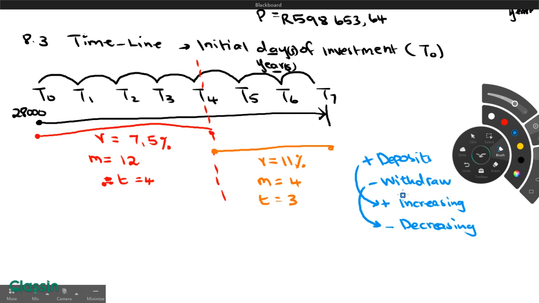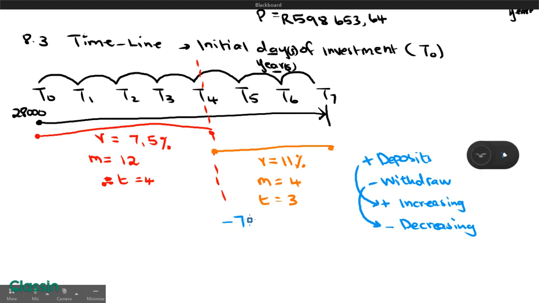And once we say it is a withdrawal, it means that we are going to subtract. They said that this person withdrew 7,300 at the end of the 4th year. So we are going to the 4th year, this person will withdraw at the end of the 4th year. Again, so withdraw at that state.